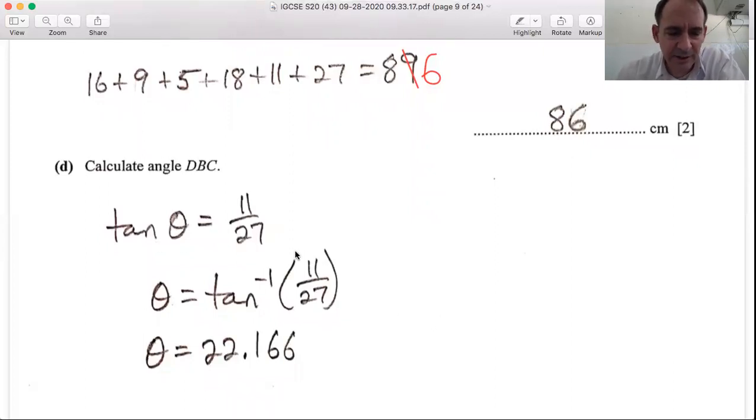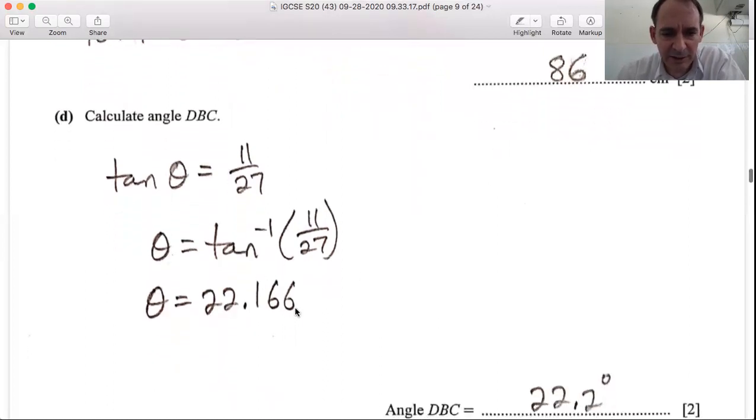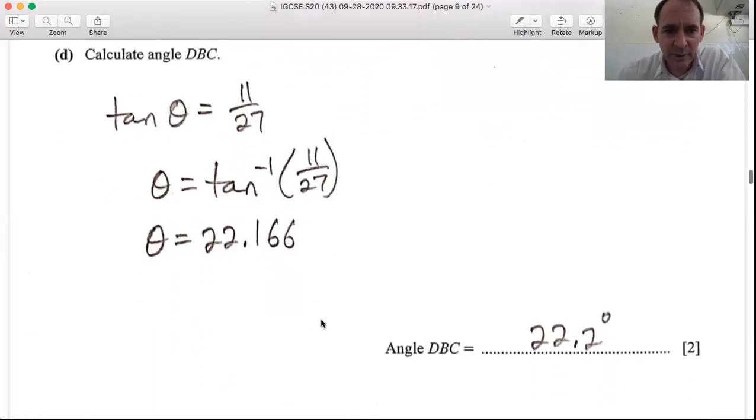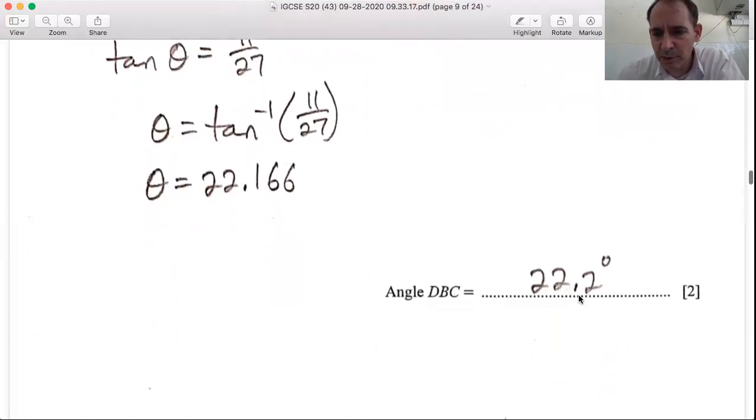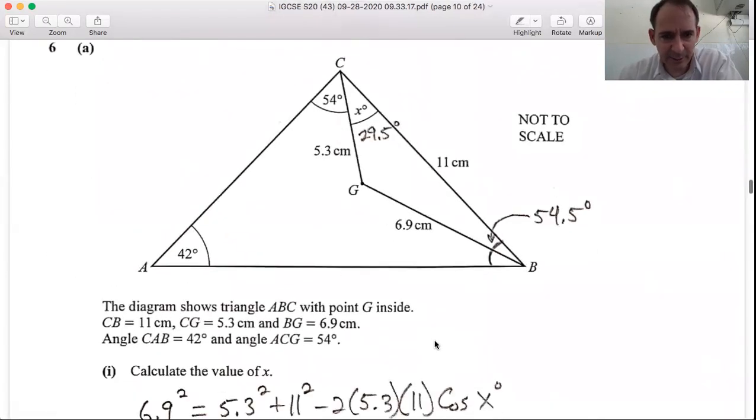Tangent theta equals 11 over 27, inverse tangent both sides, and you get 22.166. With Cambridge, you go to 1 decimal for degrees. So 22.2 degrees.